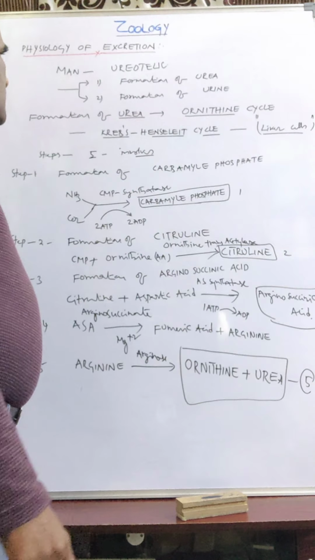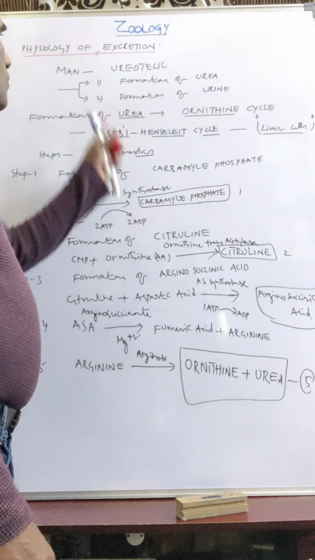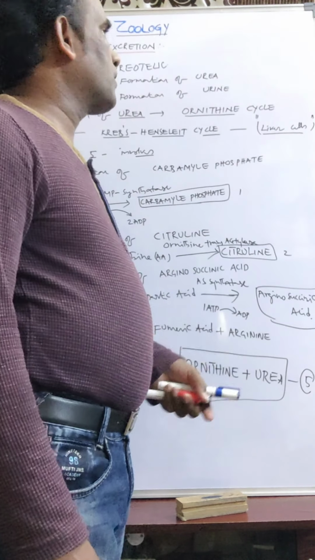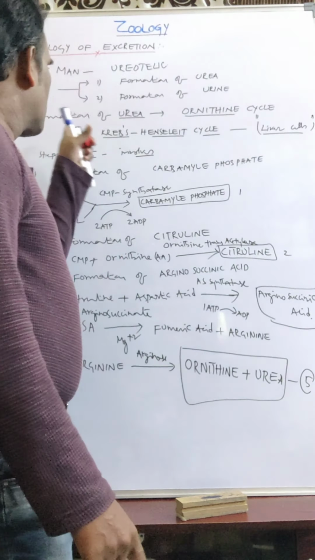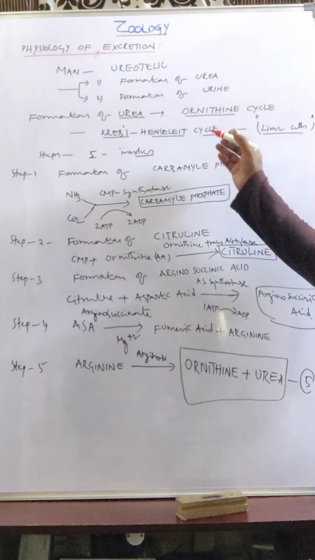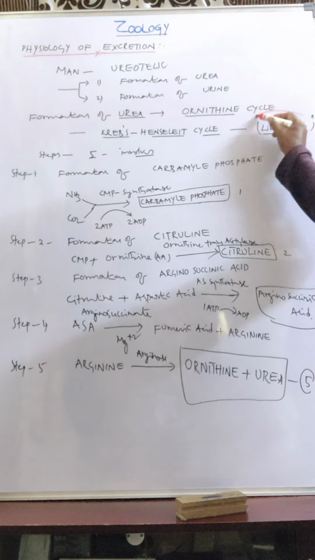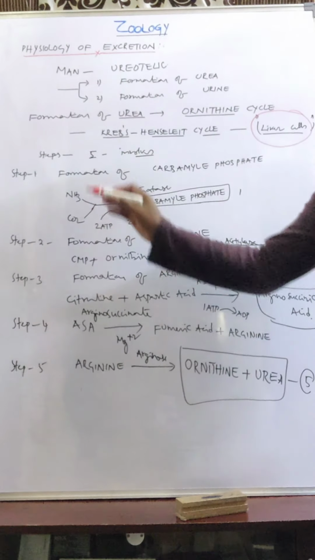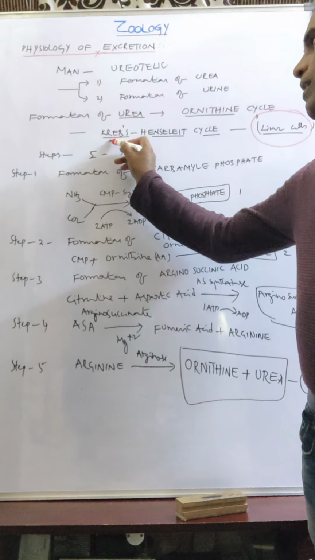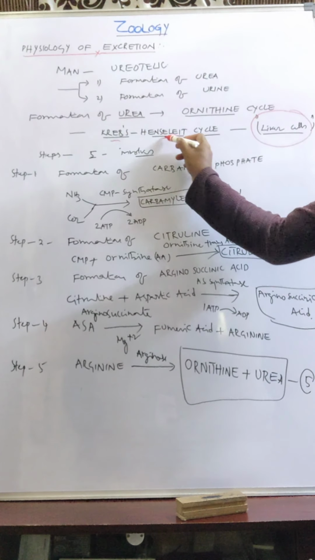The physiology of excretion involves 2 steps. One is formation of urea, the other is formation of urine. The formation of urea takes place in the liver cells. This was first studied by two scientists, Hans Krebs and Henseleit.